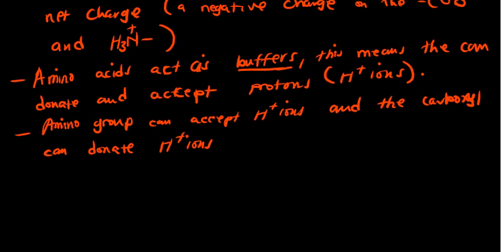So remember we said that the amino group is basic. So this means that it can accept protons. But the carboxyl group, we said it's acidic. So an acid is any substance that can donate protons. So that means this carboxyl group is able to donate the proton. So when it loses the proton, that means the charge goes down.